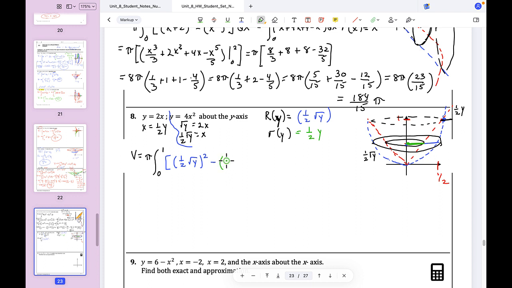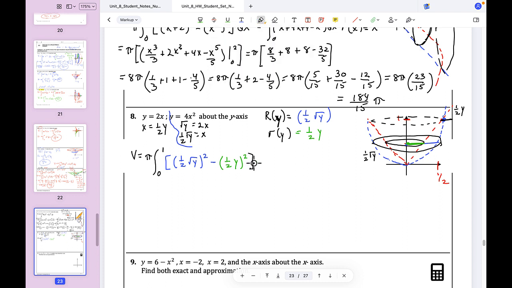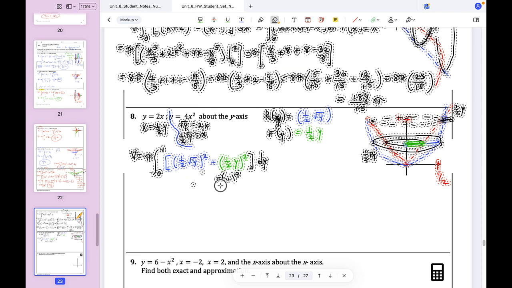So it's minus 1/2 y squared dy. Remember, it's Ry squared minus little ry squared. Okay, that's our formula. So let's work through this one.